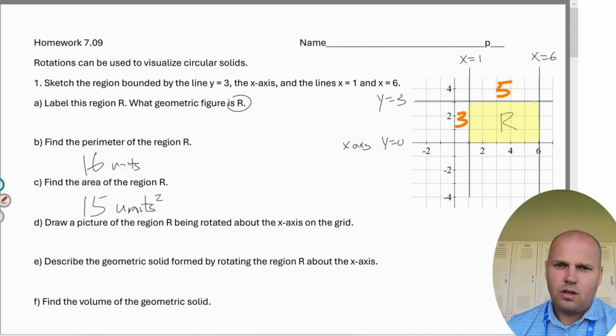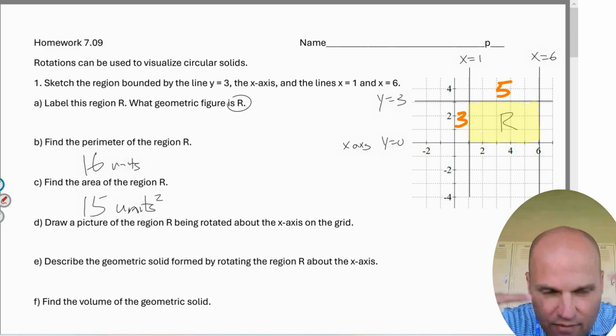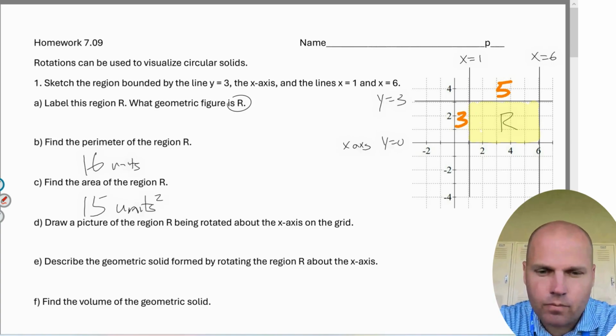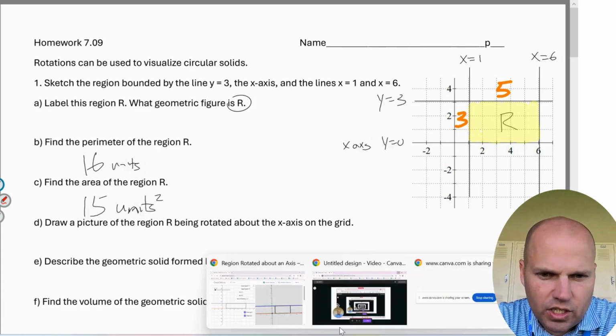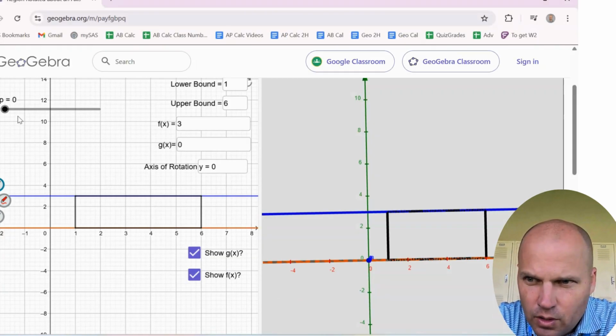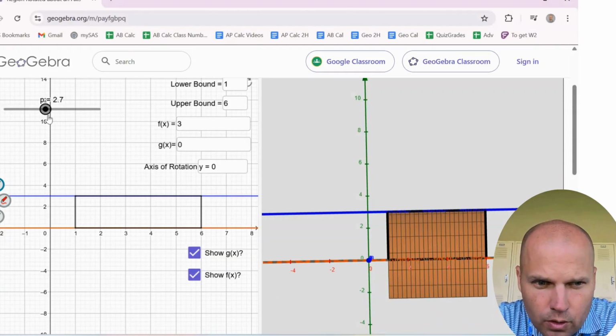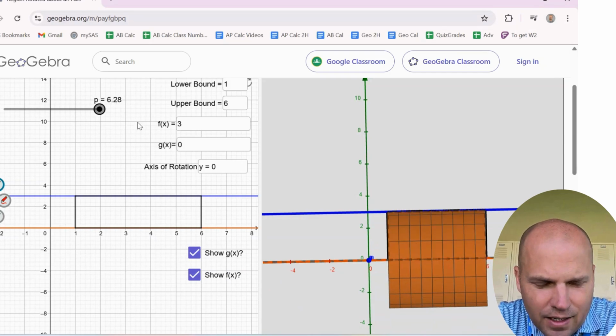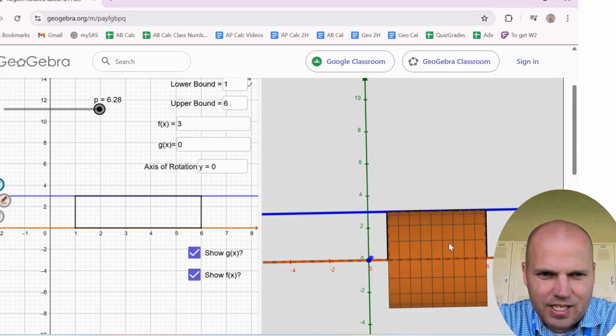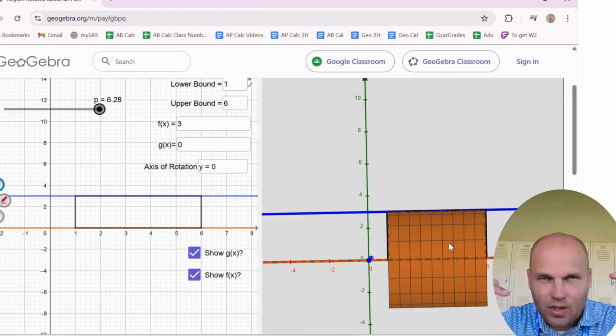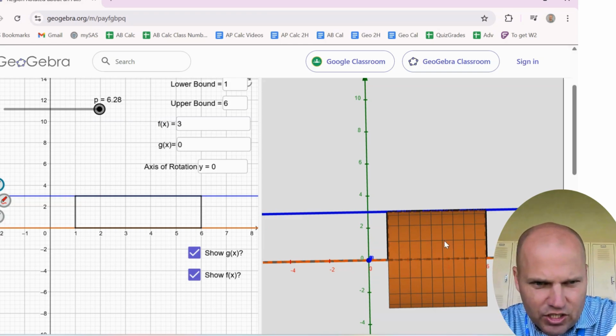But now, what if we spin it? Hopefully you can see, if you take that region and spin it, this is what it's going to look like. When you spin it, it creates a cylinder.